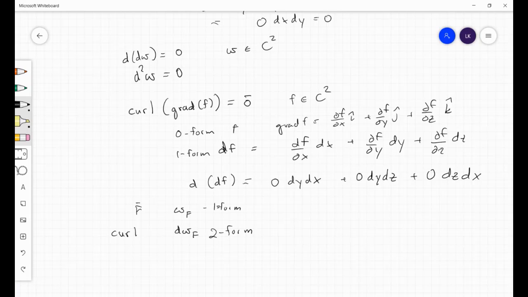And then taking the divergence of the vector field is the same as taking the exterior derivative of that 2 form corresponding to your vector field. So that would be the same as taking a double exterior derivative, so you should get a 0 3 form.